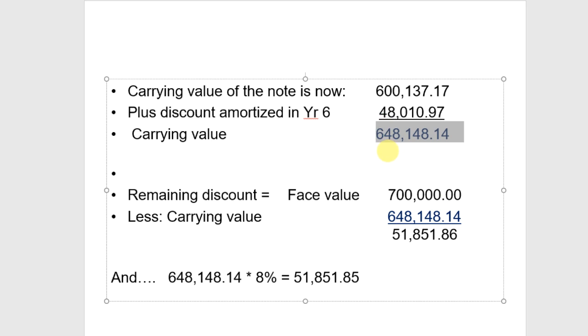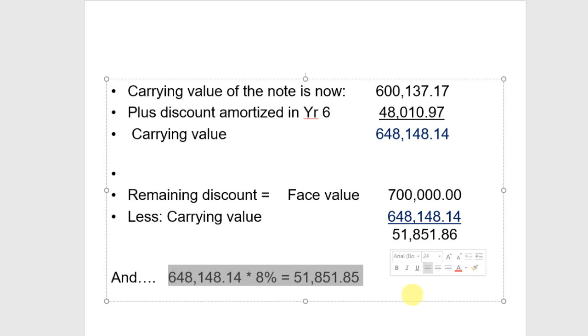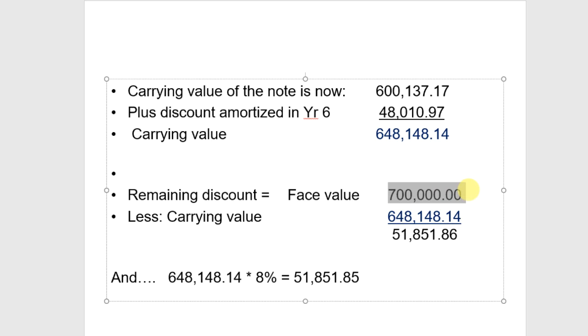Now, one more year of interest down here, look at this. 648 times 8% is the remaining interest to be earned. Now, this is off only 1 penny, right? Not bad. So if I take the 700,000 face value that we're going to get in a year, subtract the carrying value, I should get the remaining interest.